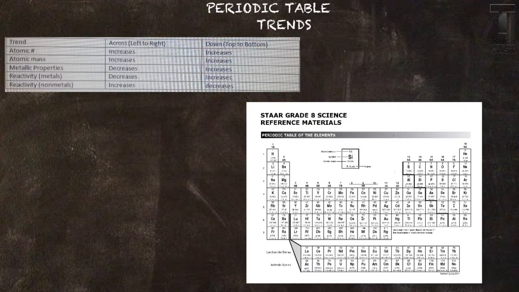Now, in terms of periodic table trends, there are some that are fairly simple and some that seem complicated. One that you probably noticed from the first moment that you looked at the periodic table was the atomic number.